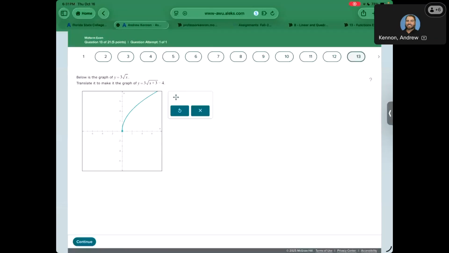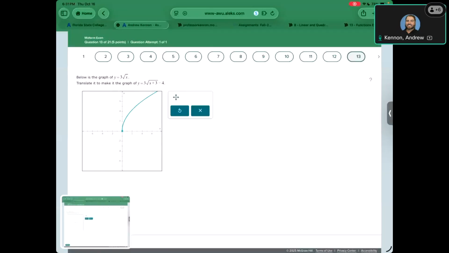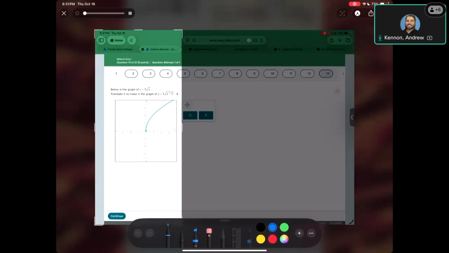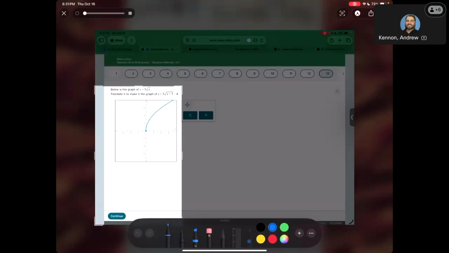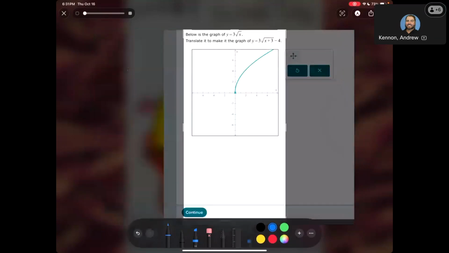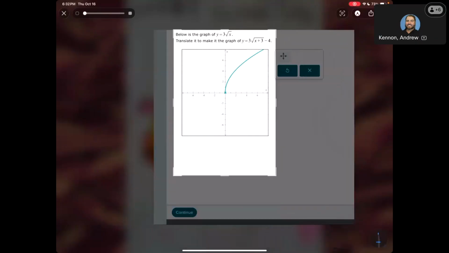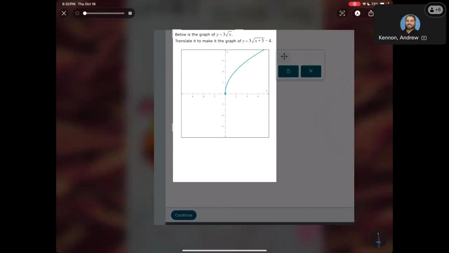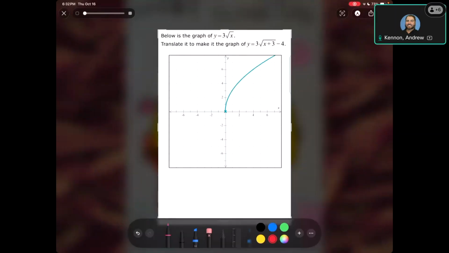A transformation of a graph. Oh, it's got a 3 in there. I didn't go over that. Okay.